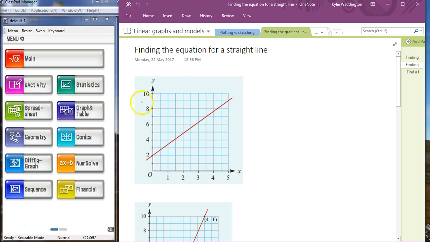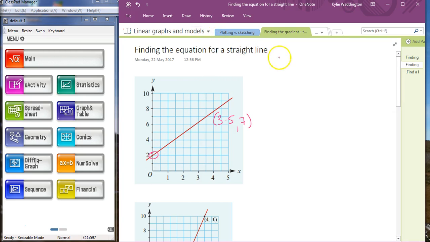So I'm going to look at this first problem here, and identify two different coordinates that I'm interested in. The first coordinate I'm going to highlight is this point here, which is 3.5 and 7. So I'm going to write 3.5, 7, and I'm going to use the intercept here, which is 0, 2.